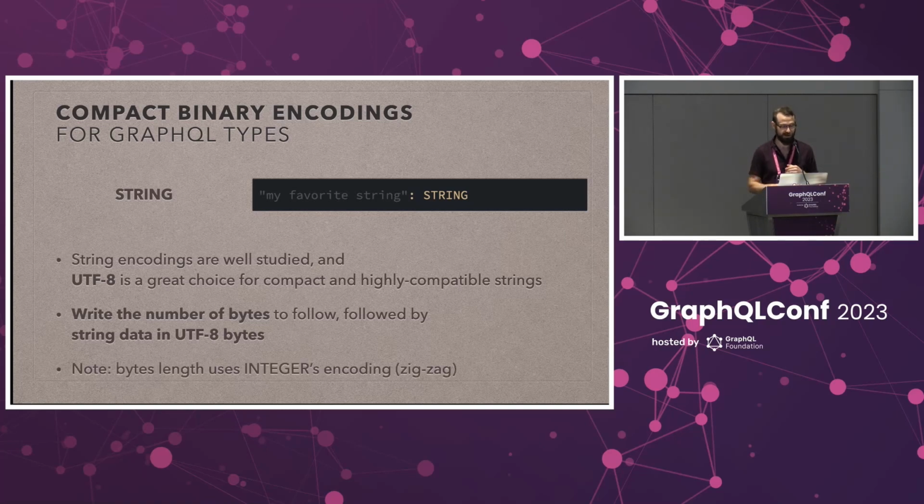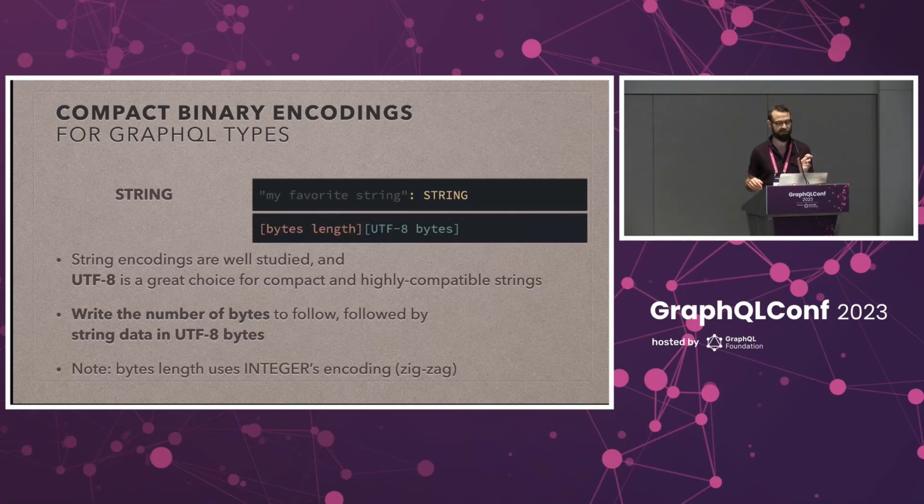And when we write that integer, that bytes length, we'll actually use the integers encoding that we saw a couple slides ago. So that'll look something like this, just a prefix that says how many bytes are to follow, followed by the UTF-8 bytes. In my experience, many of the total bytes in GraphQL responses come from strings. It's tough to do much about that at this layer, but UTF-8 is about the best we can do. At least maybe we can avoid people making lots of copies or re-encoding their strings.